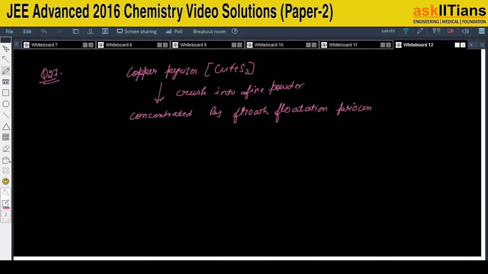Once you have done the concentration by froth flotation, then what you do is roasting, and roasting takes place in a reverberatory furnace.